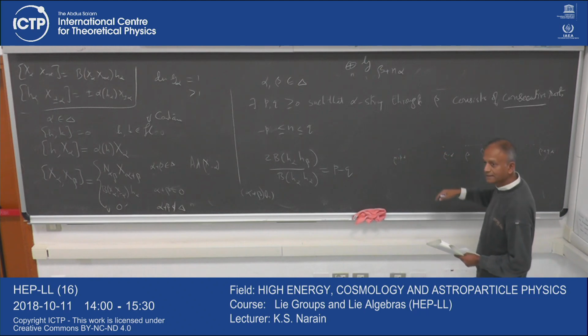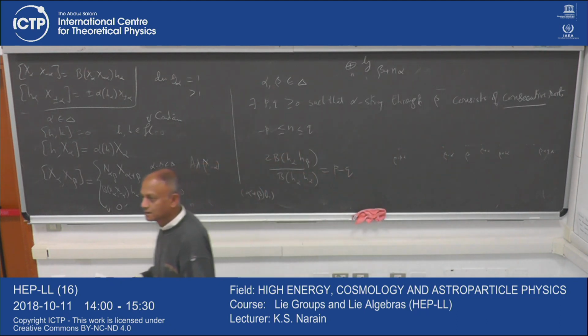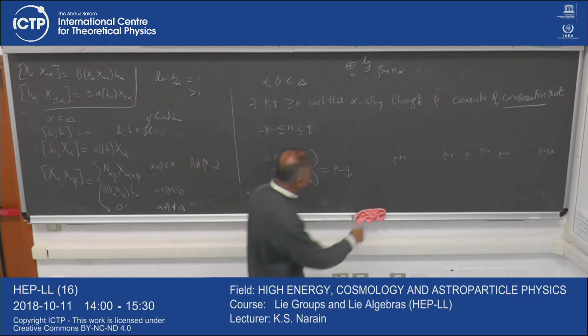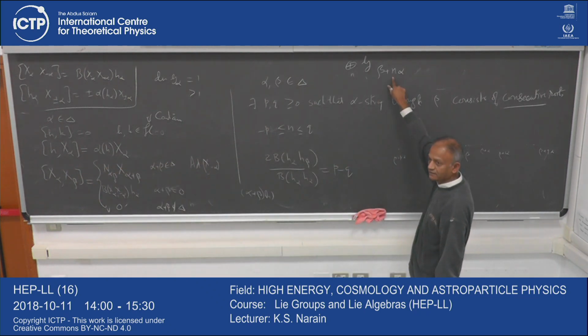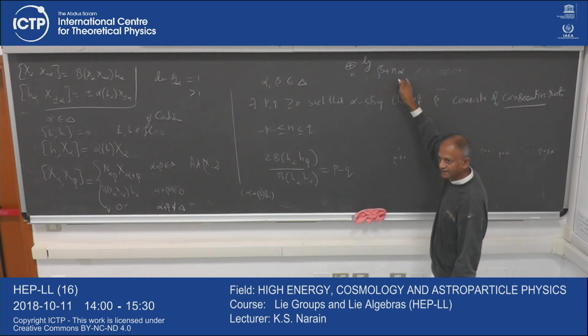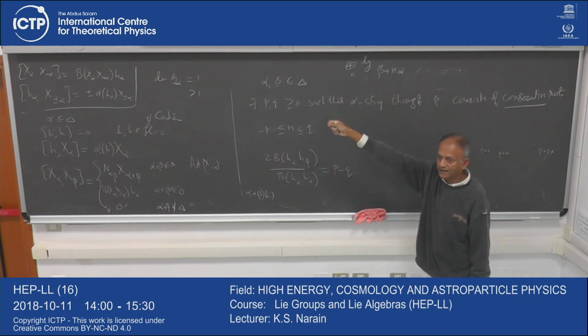I'm talking about this particular chain, beta plus n alpha. There can be gamma plus n alpha, another chain, but I'm just talking about this particular chain, which is obtained by applying the raising and lowering operators x alpha, x minus alpha.